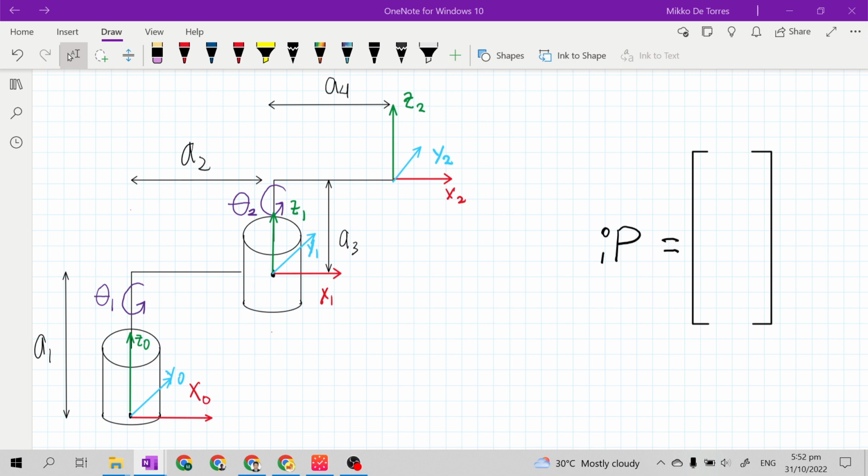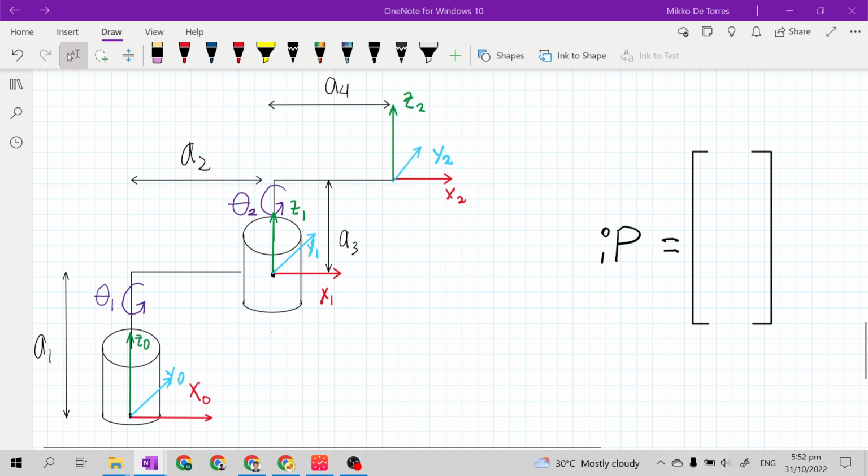This is a 2 degrees of freedom SCARA manipulator. I will teach you how to derive the position vector of this mechanical manipulator, just like what we have done in the derivation of rotation matrix.